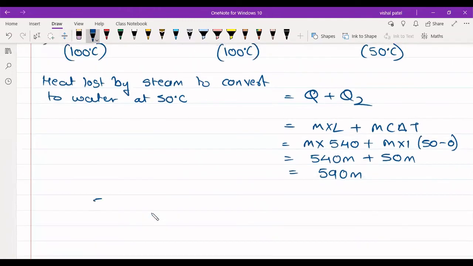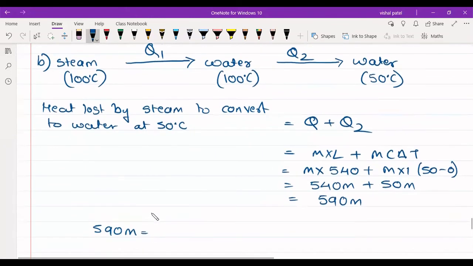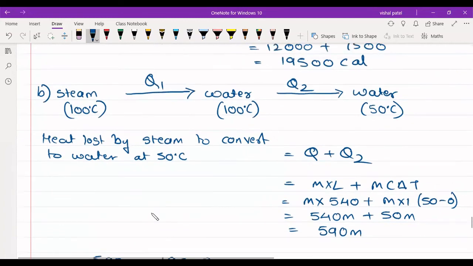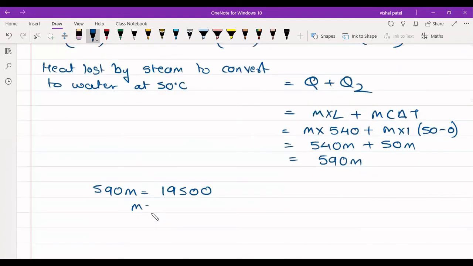I'm writing that 590 m, this is the heat lost by steam, is equal to how much? 19,500. So mass equals 19,500 upon 590. Again, students, your calculation is slightly big, so make sure that you do your divisions properly.